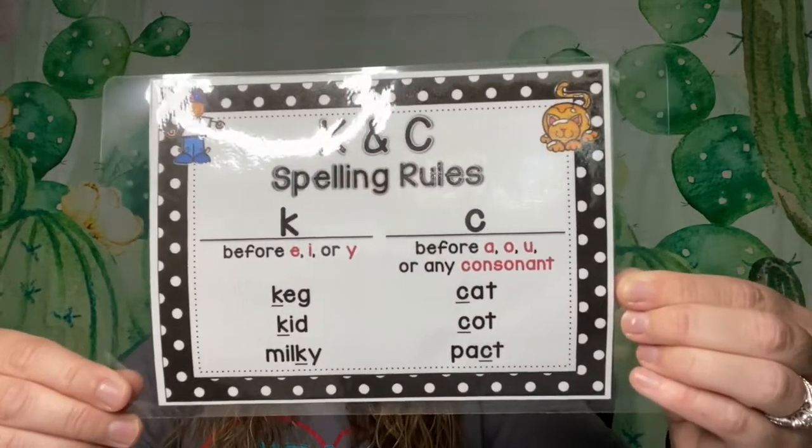We also learned three ways to spell k at the end of a word. What digraph do we use after a short vowel sound that makes k? Good, CK. We use digraph CK after a short vowel sound.